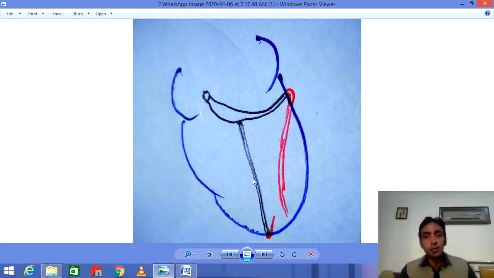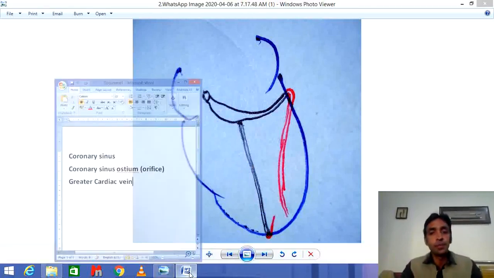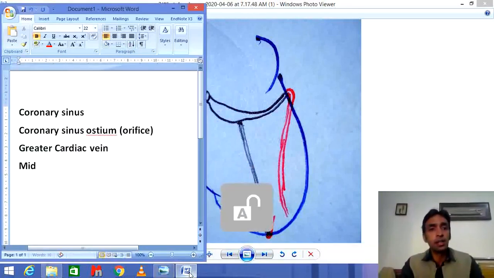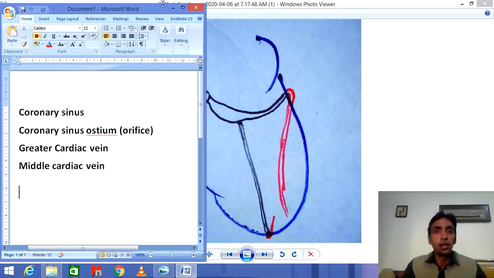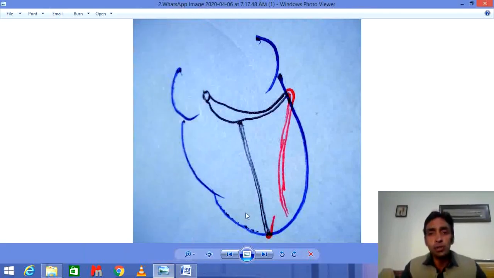And this blood vessel is called middle cardiac vein. Now the middle cardiac vein is responsible for the drainage of blood from both ventricles of the heart, from right and left ventricle, for the collection of deoxygenated blood.